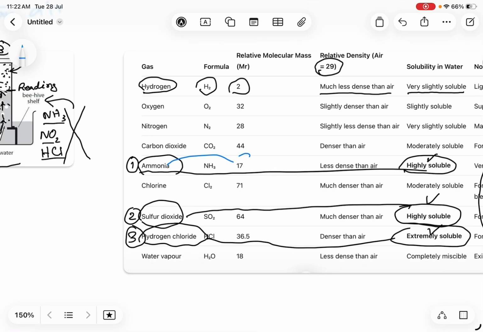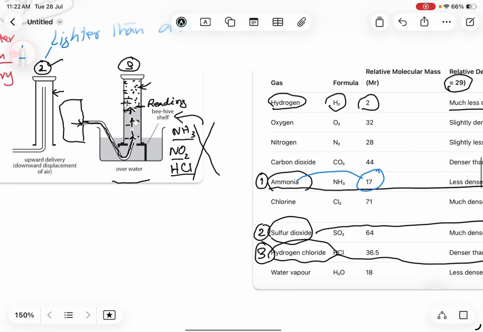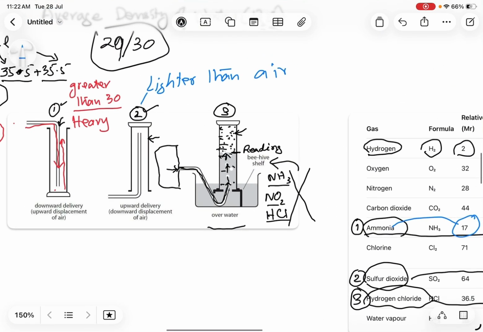Ammonia has a mass of 17. Now because ammonia is soluble in water, this water delivery method cannot be used for it, and it has a mass of 17, which is less than 30. Okay, so it is less than 30, so we can use the upward delivery method for collection of ammonia.